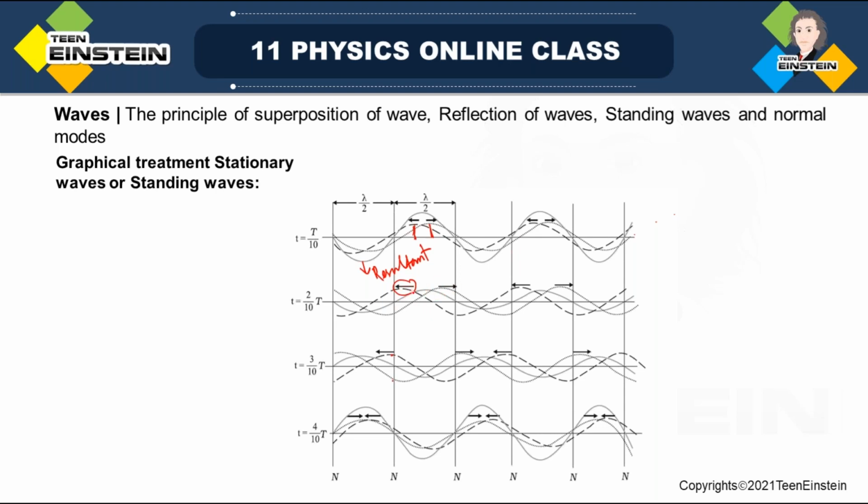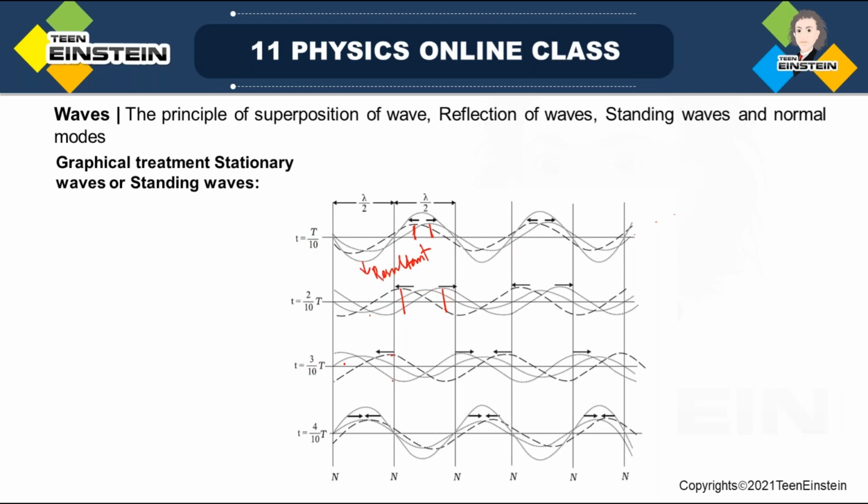That's why you can see the amplitude of the resultant wave is decreasing. It has decreased because the phase difference between them has increased. But still it is not 180 degrees out of phase. They have some phase difference greater than at time t by 10. Now the phase difference is greater, that's why the amplitude of the resultant is also less.